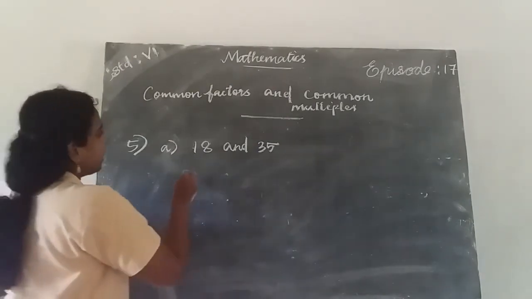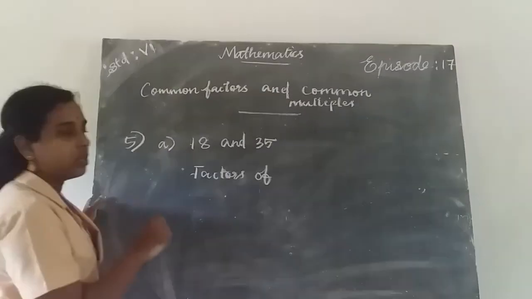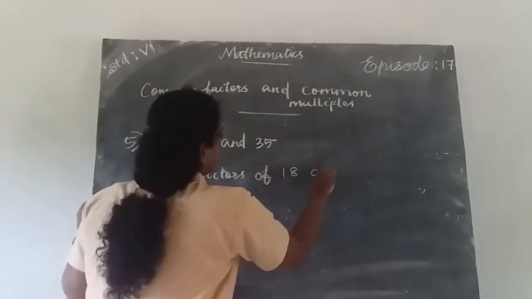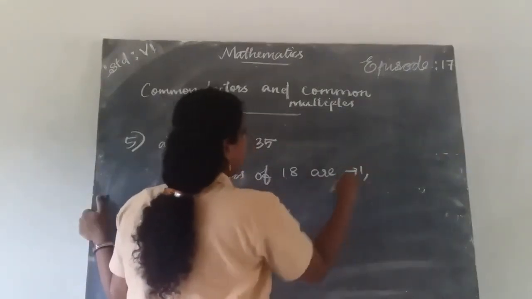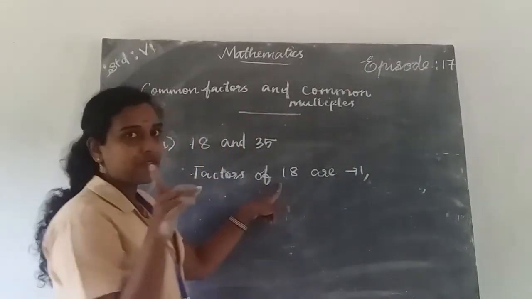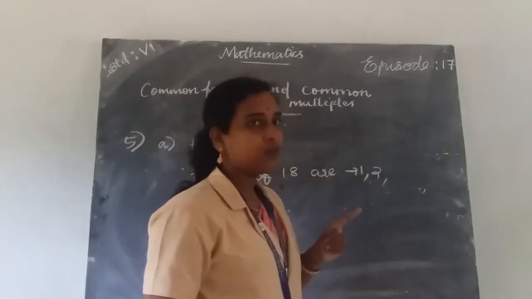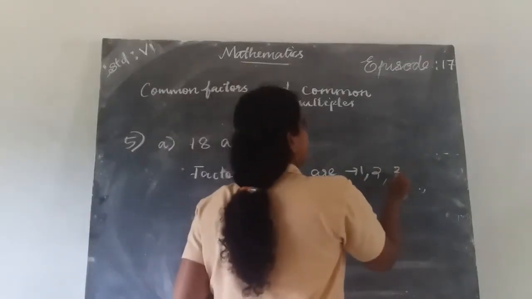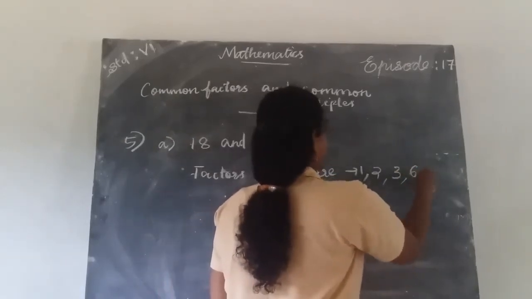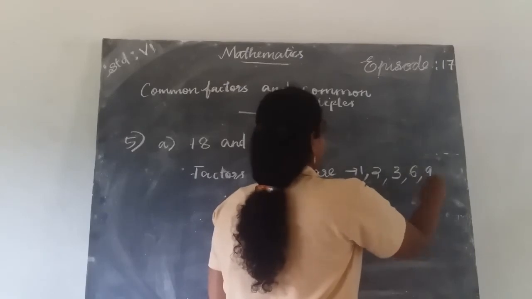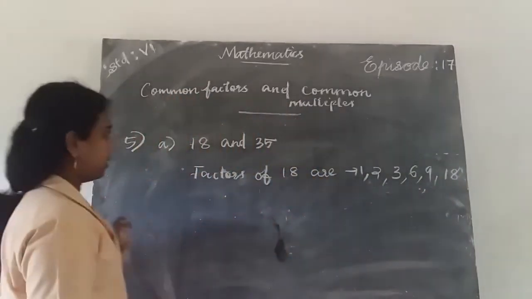And the first number is 18 and factors of 18. So factors of 18 are: 18 comes under the table of 1. Then the table of 2. 18 is an even number, so it's under the table of 2. Then it's the table of 3. 6 3s are 18 and it's not in the table of 4, 5, 6. Then 9, 18. Okay, these are the factors of 18.